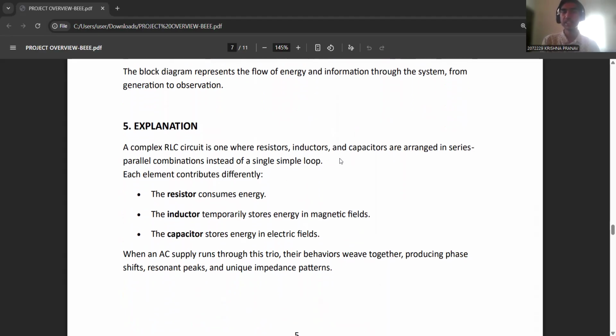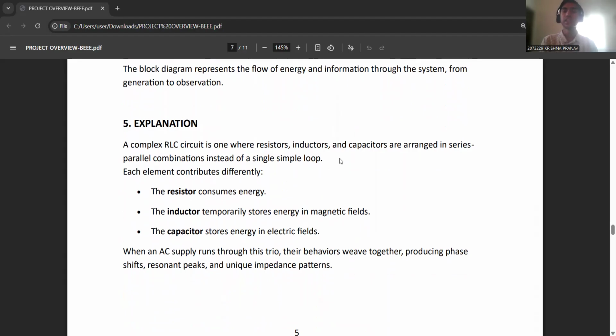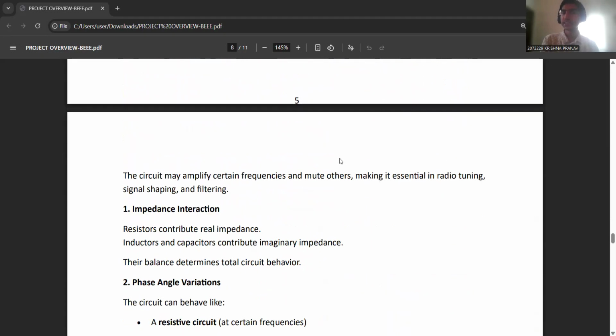Resistor consumes energy, inductor temporarily stores energy in magnetic field, capacitor stores energy in electric field. The circuit may amplify certain frequencies and mute others, making it essential in radio tuning, signal shaping, and filtering.